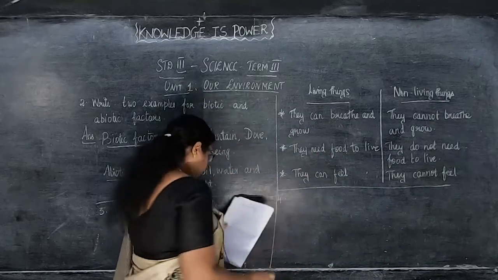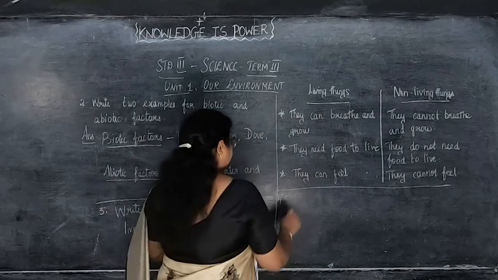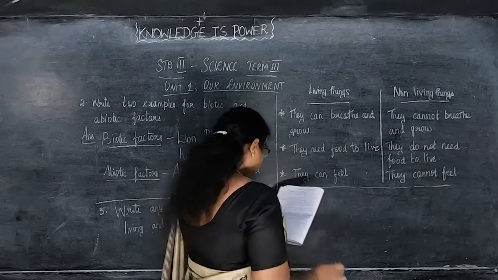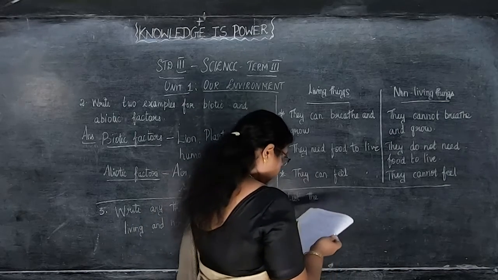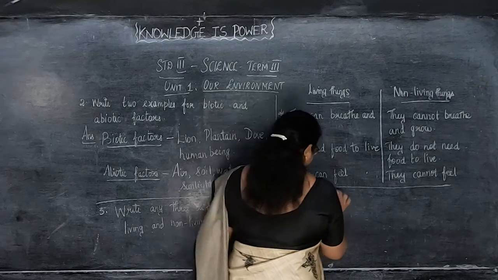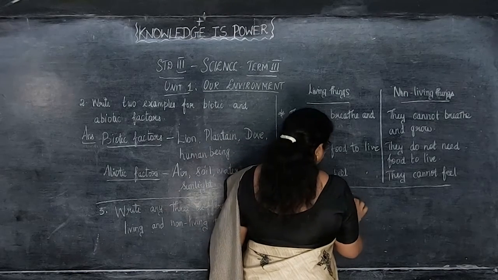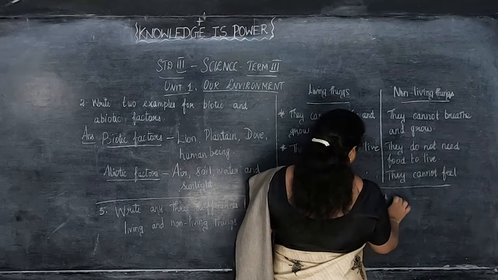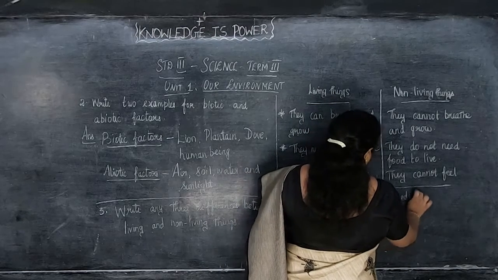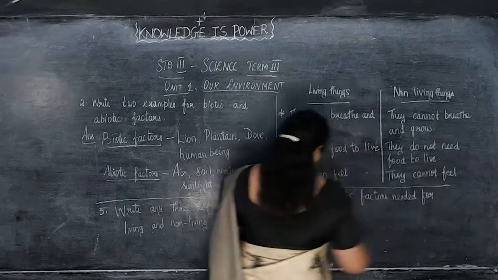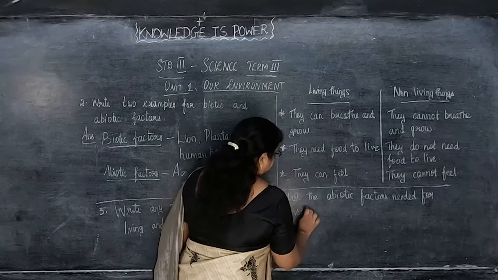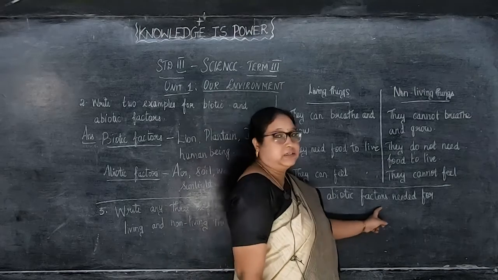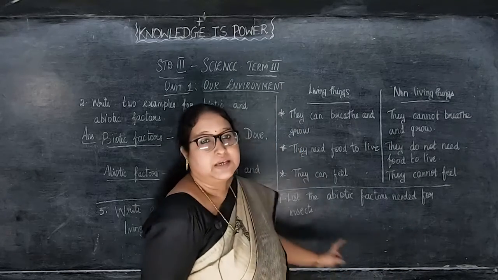Then the fourth question is, list the abiotic factors needed for insects. So list the abiotic factors needed for insects.